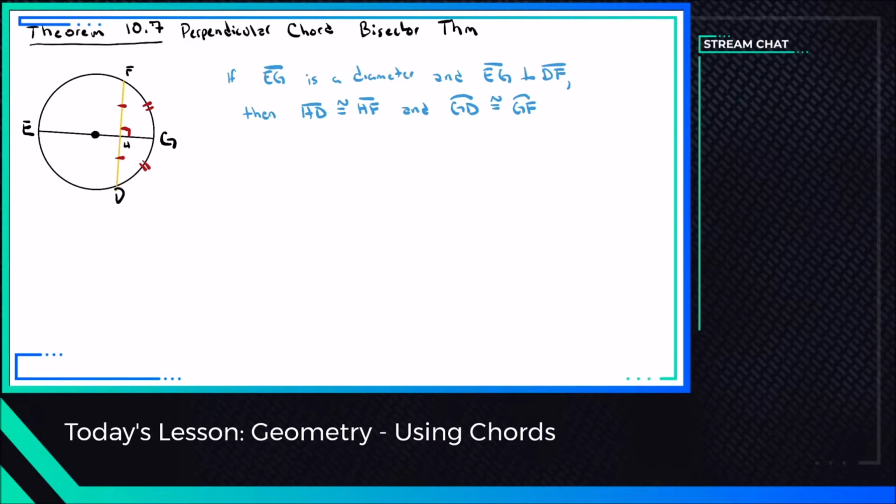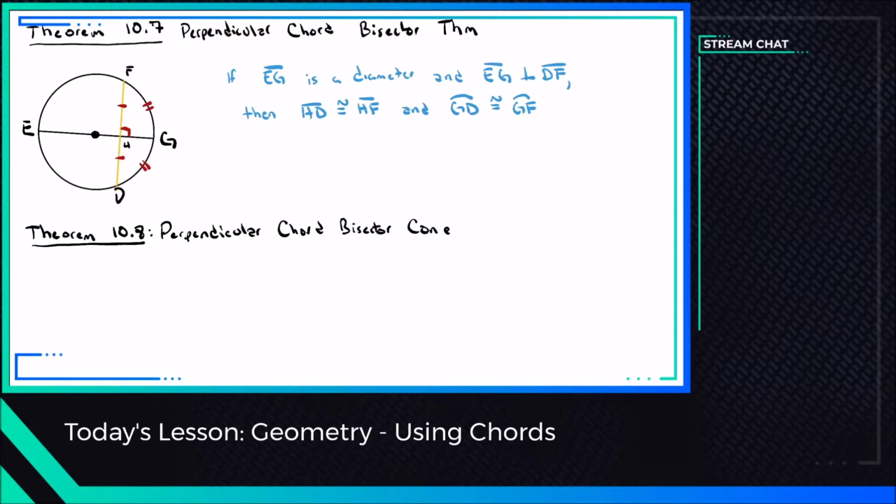And then finally we have theorem 10.8, which is going to state the following. It's the perpendicular chord bisector converse.